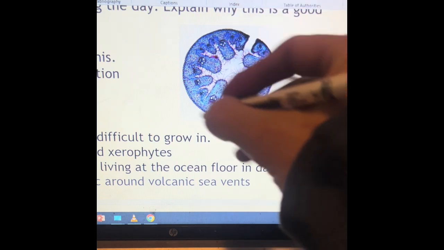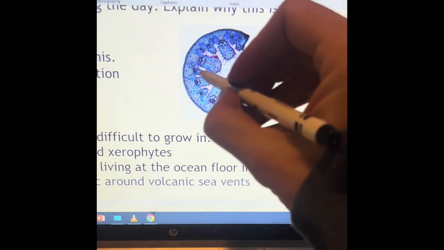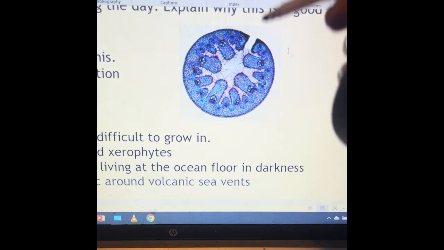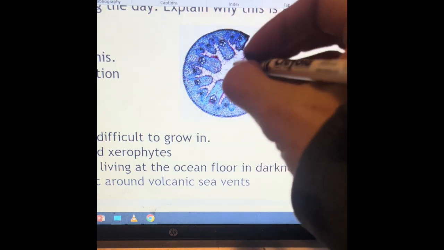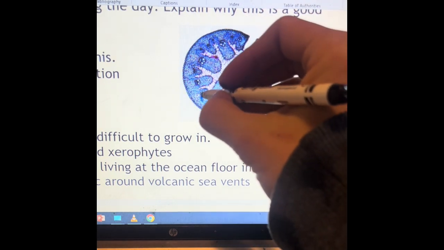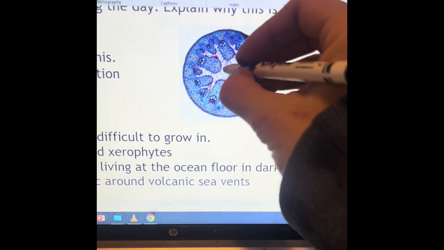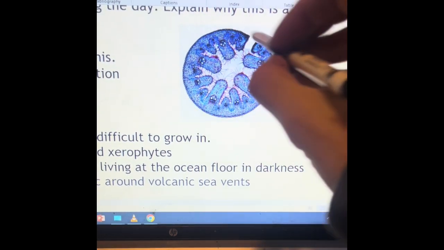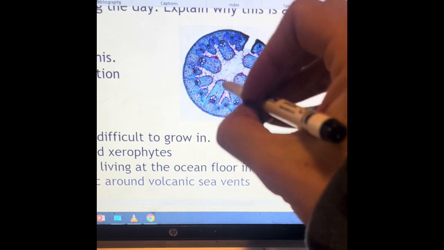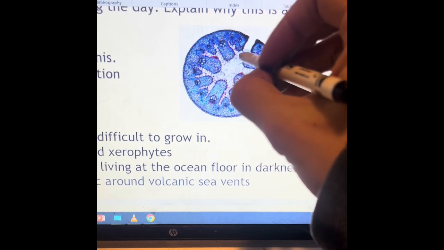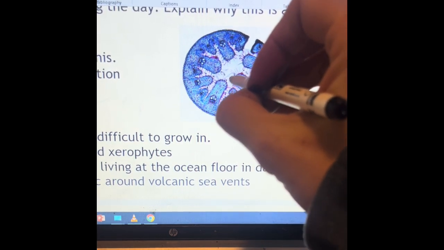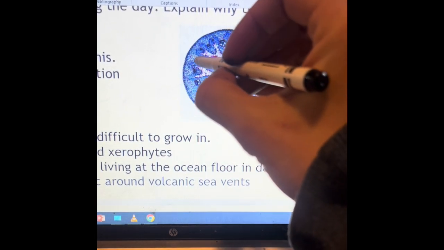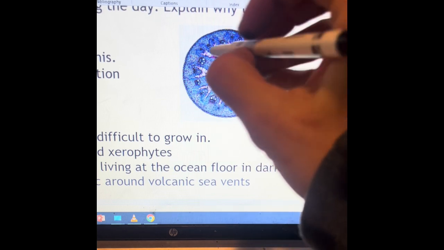All of this, the fact that it's shaped in this way, the sunken pits, the hairs: because there's so much salt in the air, it's got a really, really low concentration of water. Whereas the plant has water inside of it, it will lose water by transpiration. Water will move out by transpiration, but we don't want to lose huge amounts of water. By having all of these internal structures, it will be able to trap moisture, which increases the concentration of water inside the marram grass, which means there's less of a concentration gradient from inside the plant compared to outside.